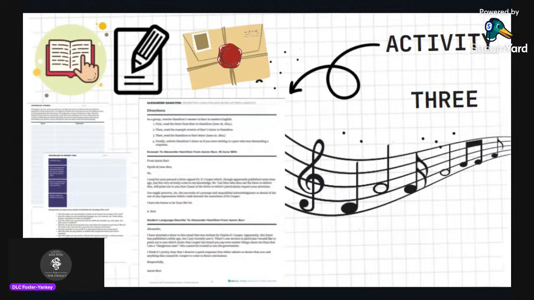Moving on to Activity 3, students are working in small groups to read an excerpt from the letter from Alexander Hamilton to Aaron Burr dated June 20th, 1804, on the Rewriting Hamilton and Burr Letters handout. This letter is Hamilton's response to Burr's letter requesting an acknowledgement or denial of Cooper's claims.